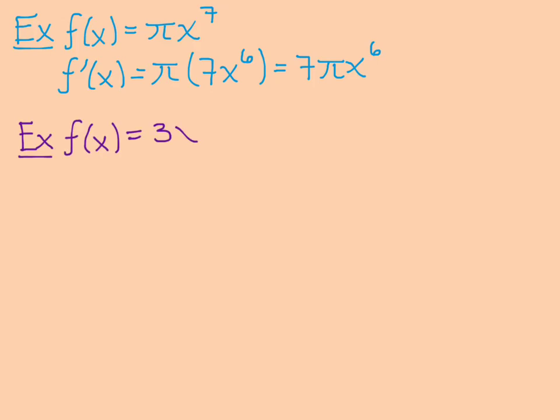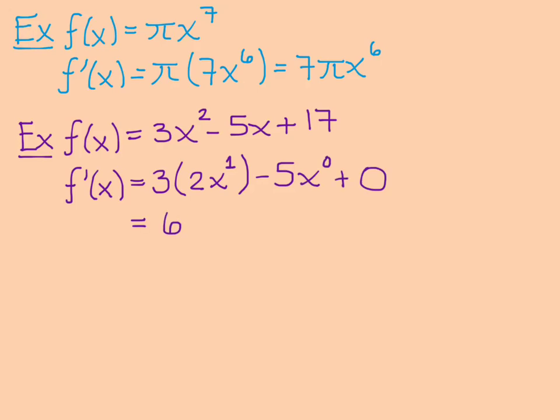Another example, let's do f of x equals 3x squared minus 5x plus 17. The derivative of 3x squared can be done separately from the derivative of 5x and the derivative of 17. Those are using the sum and difference rules.